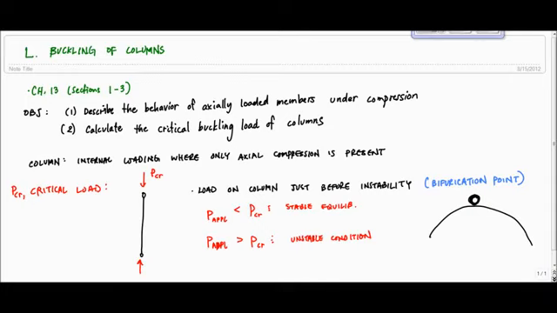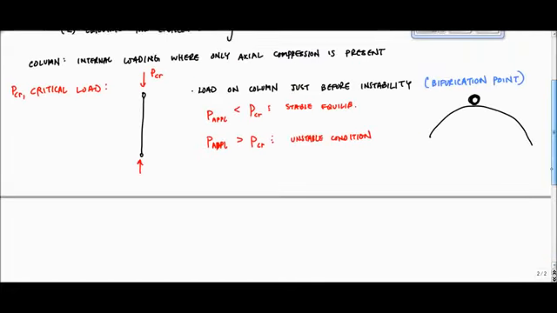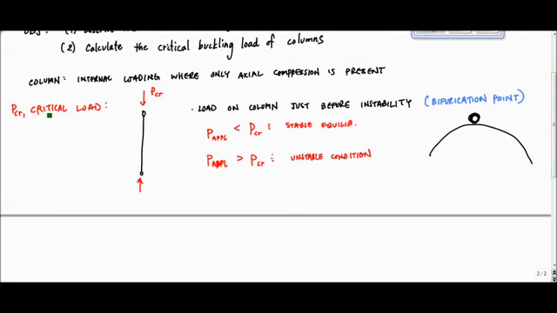Material properties, like what? What material properties do you think influence this buckling? The modulus of elasticity, absolutely. The stiffness. Okay? So here, we have this idea that the critical load is some sort of function of geometry.